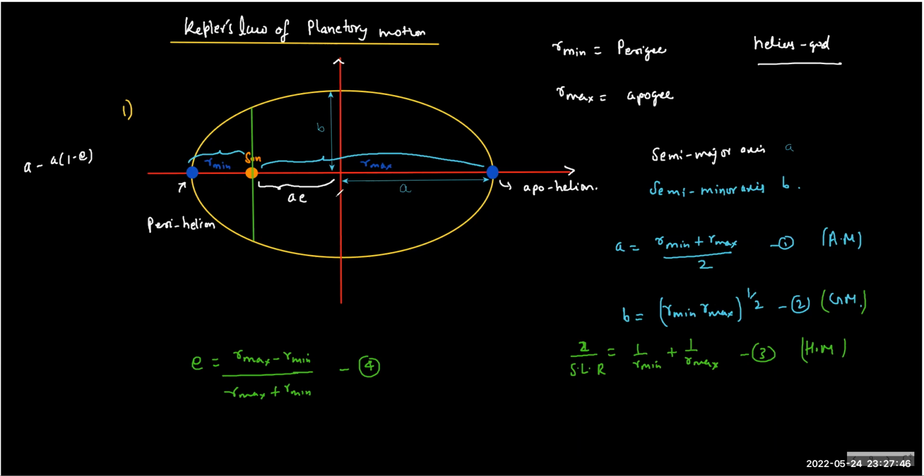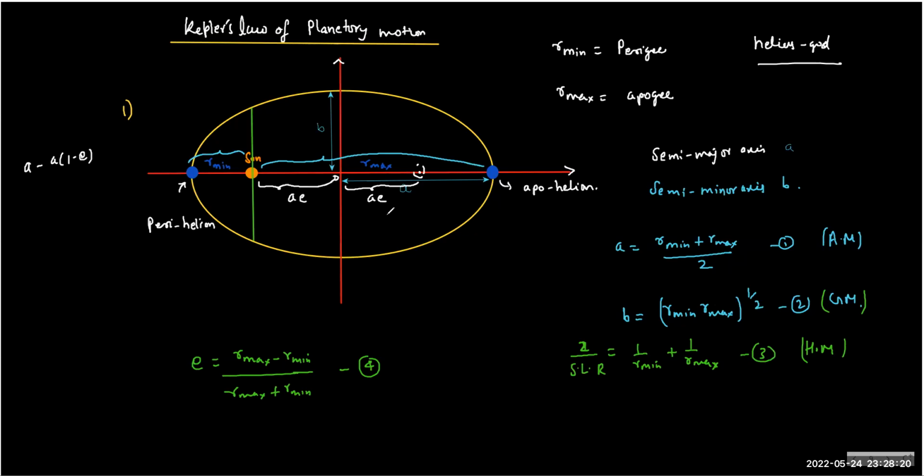So this distance is always AE, and you should remember that from the two foci, if I draw this hypothetically, from the center, the focus is E times A away. Understood? Okay. Yes, sir. So if I vary E, what is the meaning of E here? E means how flat the ellipse is.